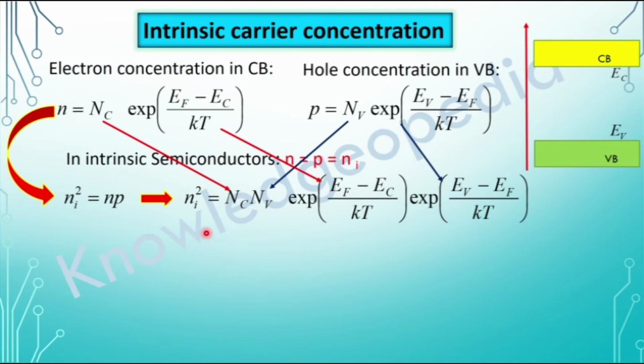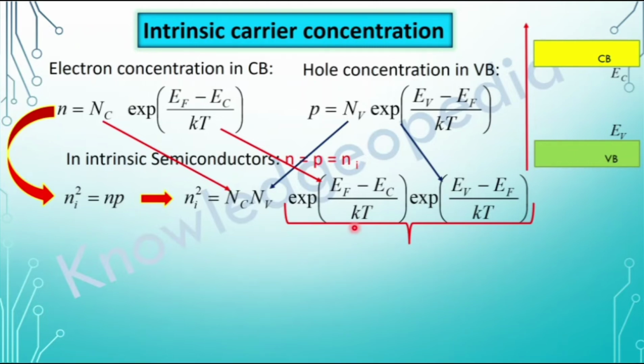So, finally, we got Ni square is equal to Nc Nv exponential Ef minus Ec by kT into exponential Ev minus Ef by kT.